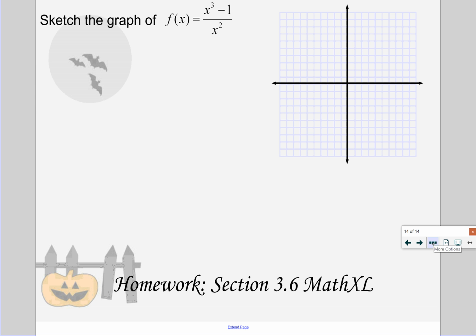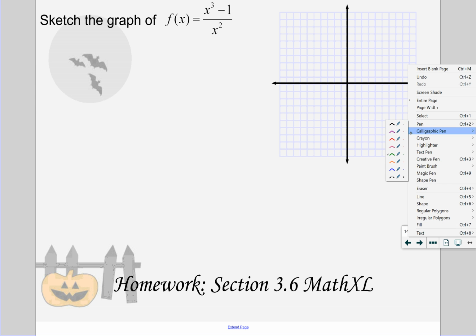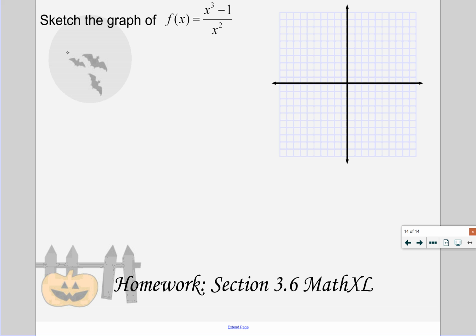So finding the various pieces and parts here, I'm going to start with, does anything factor? And the answer is no here. Nothing in the denominator factors. I don't have any common factors. It's a cubic in the numerator. No factors, no canceling, no holes in the graph. All right, next I'm going to look at my y-intercept. My y-intercept is when x equals 0.